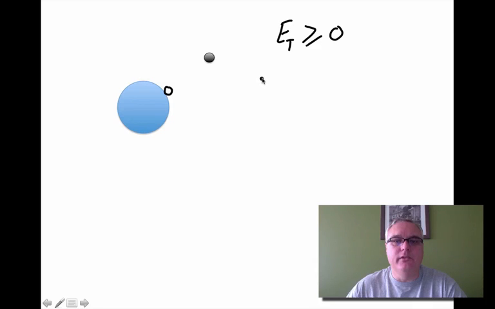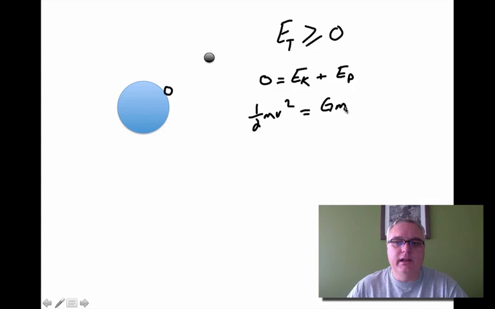Okay. So the total energy, we're going to set it equal to 0 to find the minimum amount. And so the total energy is going to be the kinetic plus the potential. And we know that the kinetic energy is 1/2 mv squared, and the potential energy is G m1 m2 over r.